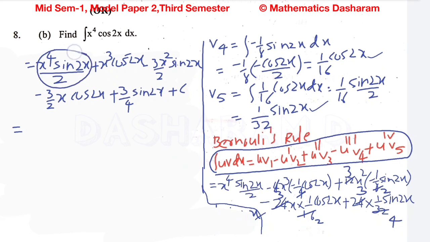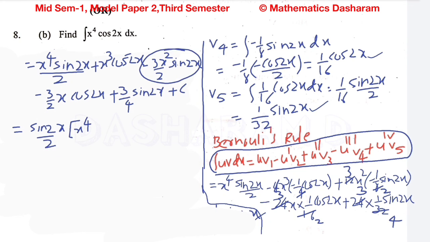Now it is equal to, here we have sin 2x by 2 common, so sin 2x by 2 bracket of x to the power of 4 minus 3x square plus 3 by 2.